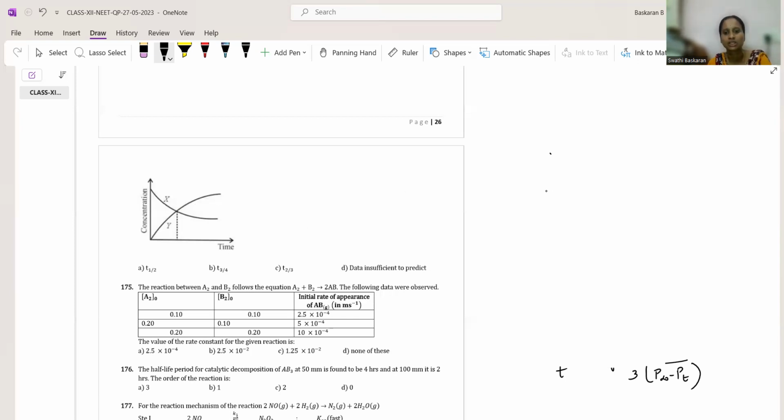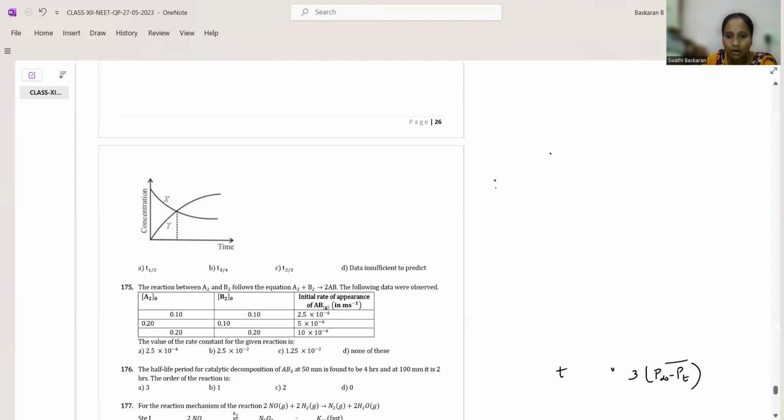What I'm trying to say is that the concentration of x is basically becoming the concentration of y. So when will this condition apply? Only when the initial concentration, let us assume x to be a.